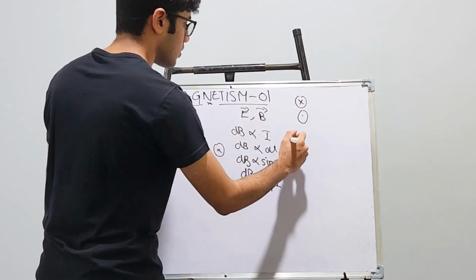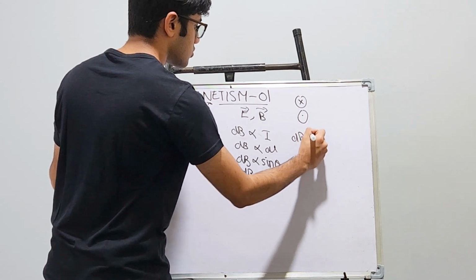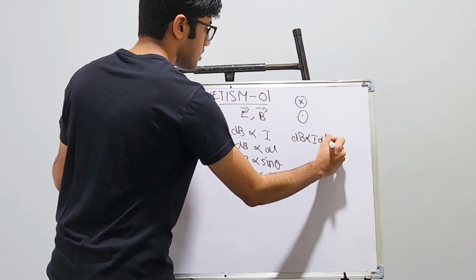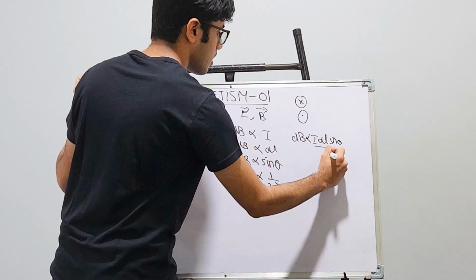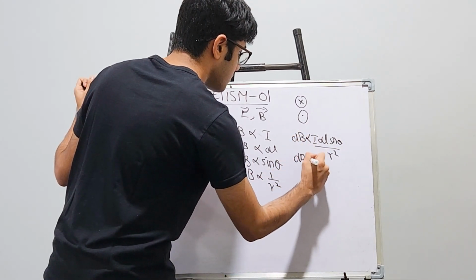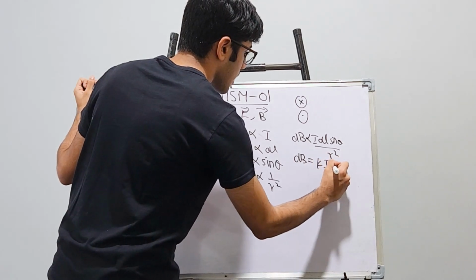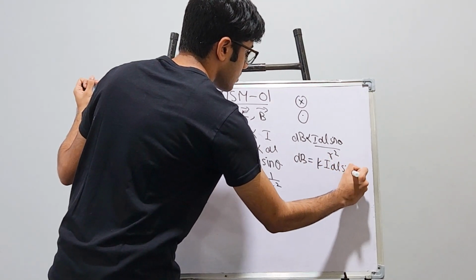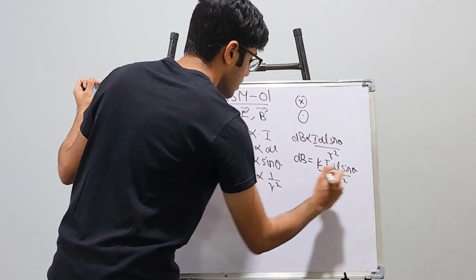When we combine all this, we get dB proportional to I dl sine theta upon r squared. Removing the proportionality sign, we get a constant: dB is equal to k I dl sine theta over r squared.